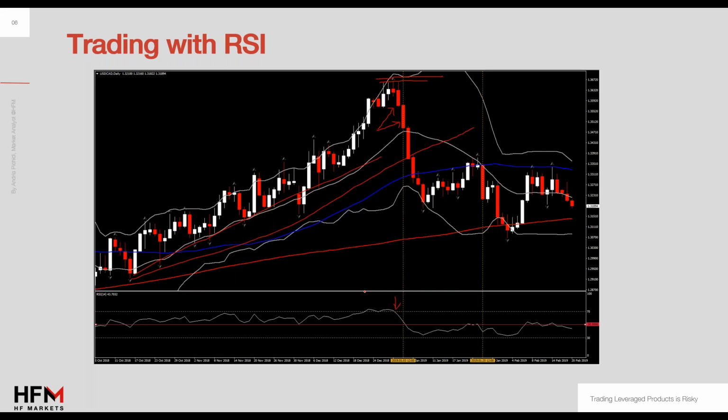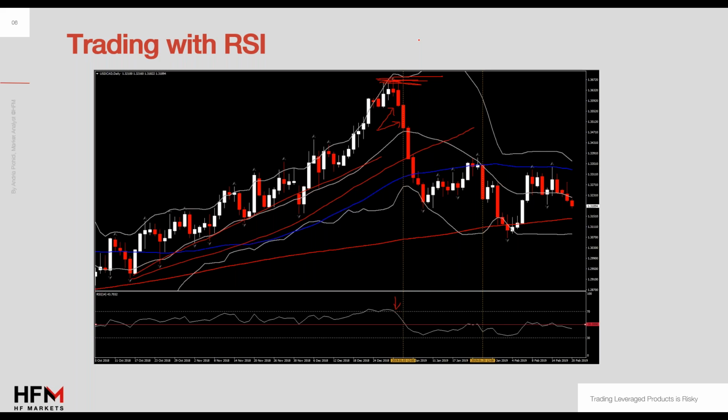For 4 days in a row, the asset didn't manage to extend and post another higher high. It just struggled to break that particular area. And RSI started to move lower, not breaking the 50 territory, but moving below 70 towards 50. So that was the very first hint that we might see a reversal of the uptrend.